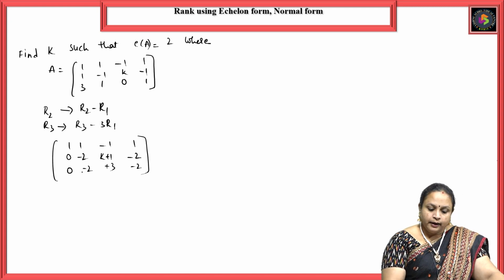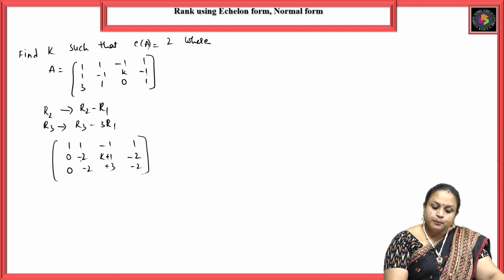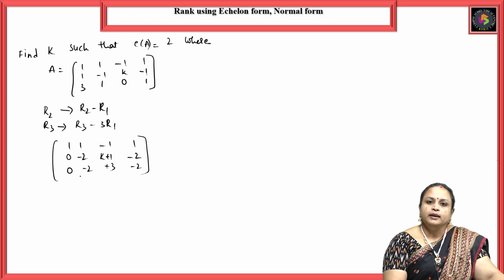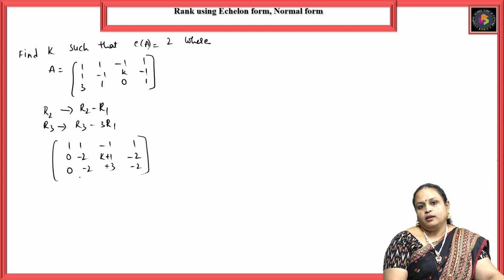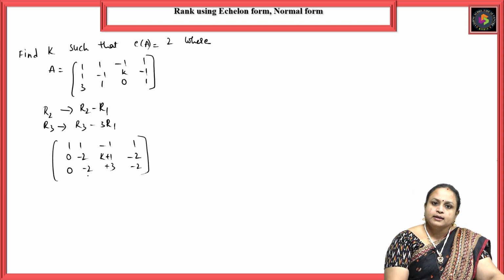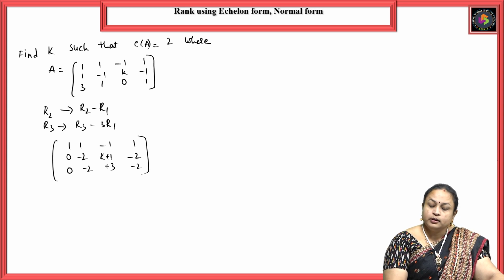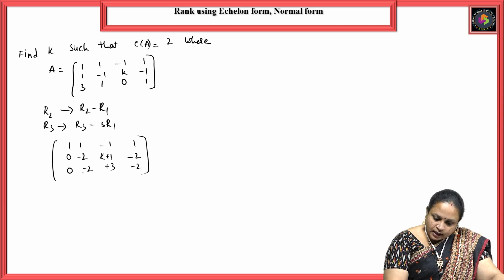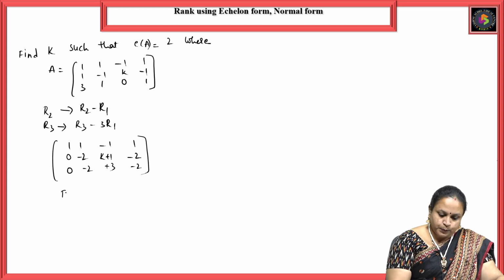Now, since we know that the number of zeros should be constantly increasing for a matrix to be in echelon form, let us convert the third row into a 0 row. The element minus 2 in the third row, let us make it 0 using the second row.